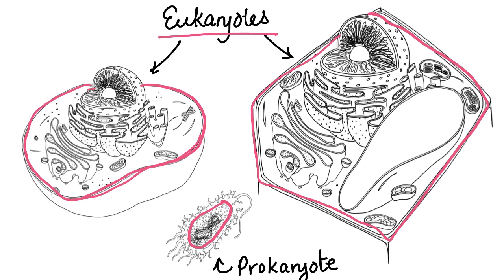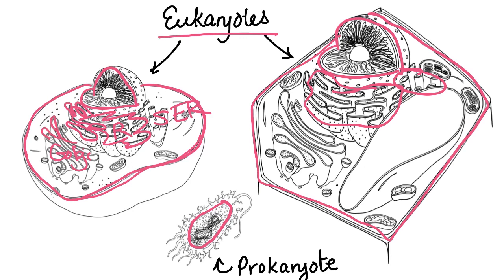And most notably, we're going to see the nucleus is a membrane-bound organelle. And then we're also going to have structures such as the endoplasmic reticulum. In this case, we've got the rough ER and the smooth ER. We're going to see that in plants and animals. We're also going to have the Golgi apparatus.